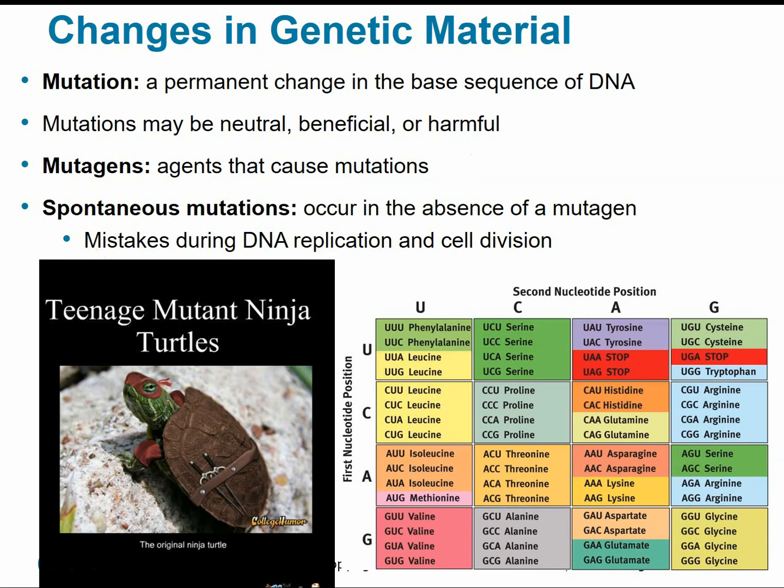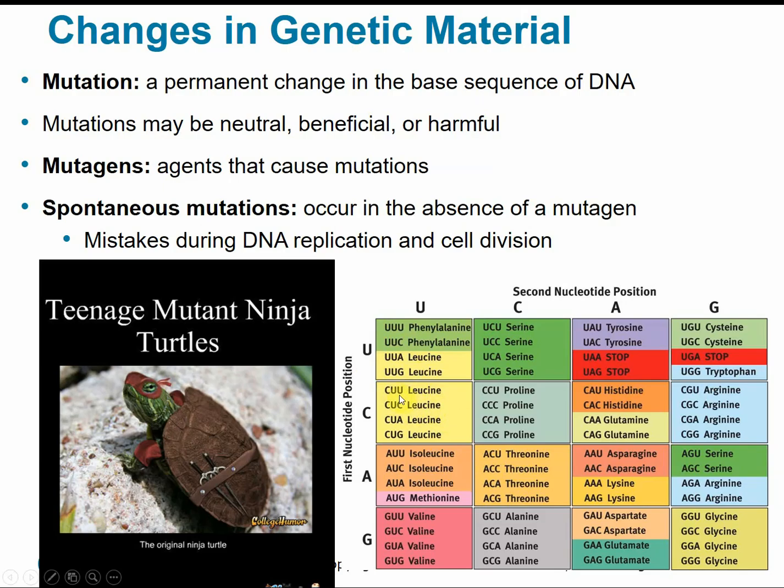and cause no real change in the activity of a gene. These commonly occur when just one nucleotide is substituted for another in the DNA. But remember, because of that degeneracy of the genetic code, that resulting new codon might still code for the same amino acid.